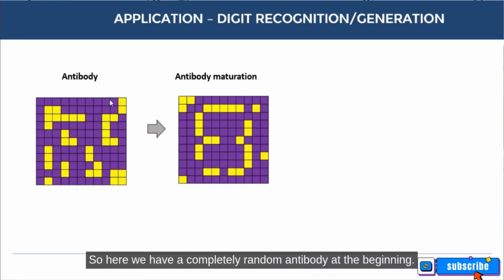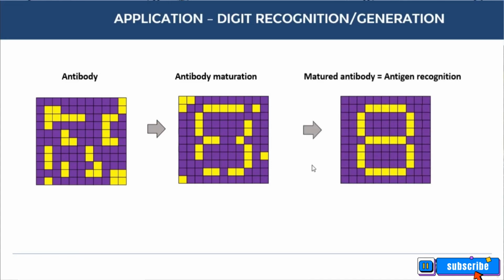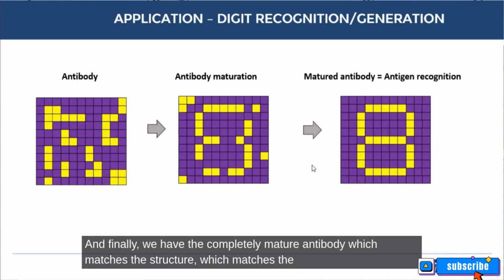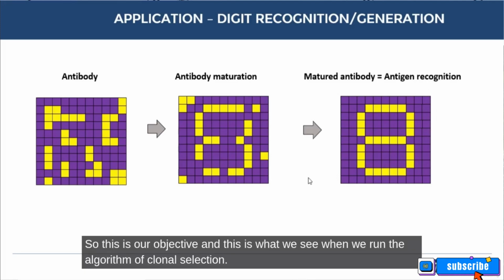Here we have a completely random antibody at the beginning, and here we have the antibody being matured through the iterations, through the generations, and finally we have the completely matured antibody which matches the structure, which matches the image of the antigen. So this is our objective, and this is what we will see when we run the algorithm of clonal selection.